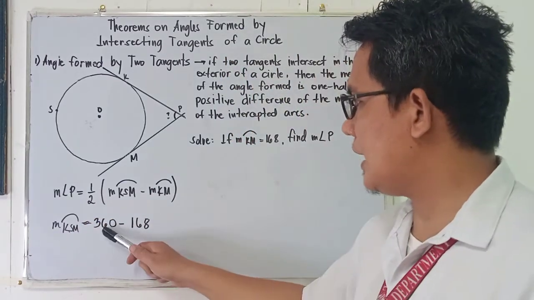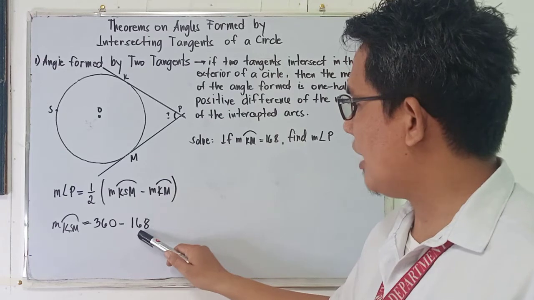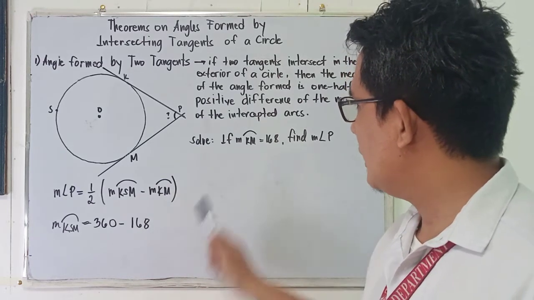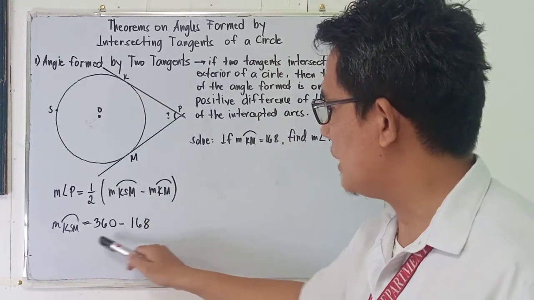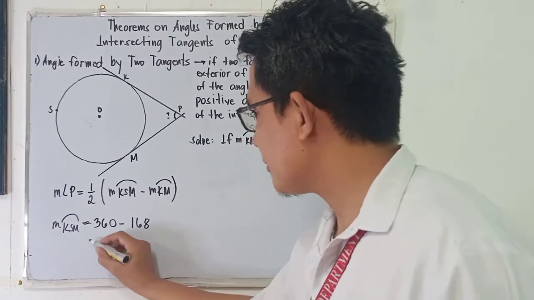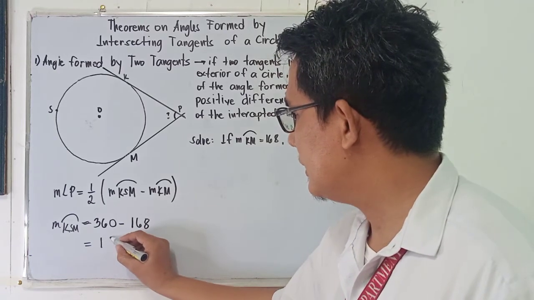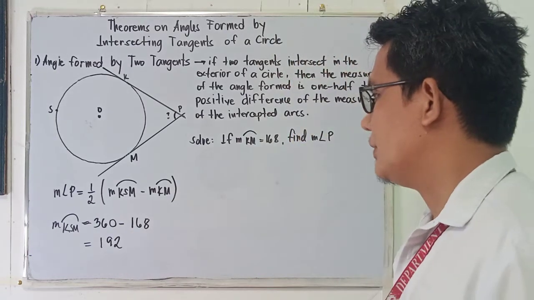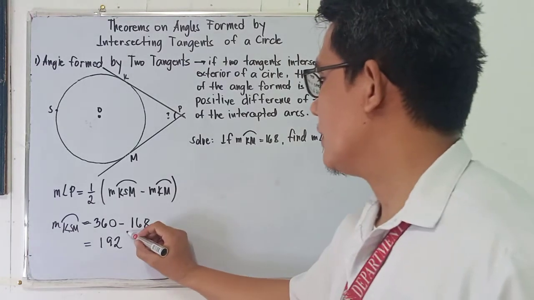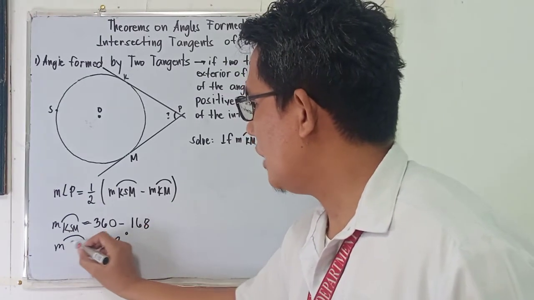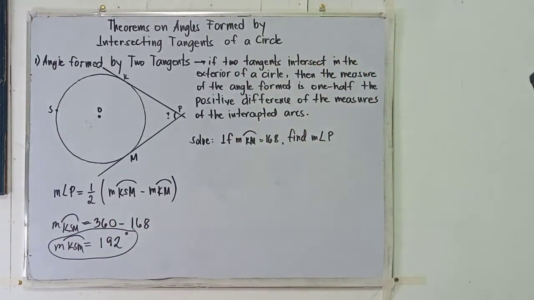Since 360 is the measure of the whole rotation of a circle, and what is given is arc KM, 168, then to solve for KSM we subtract 168 from 360. So what is the answer? 360 minus 168 is 192 degrees.